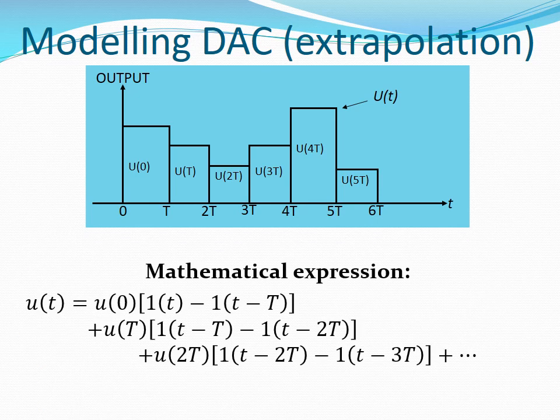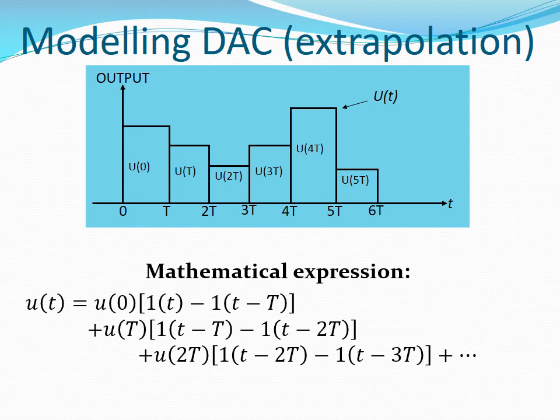Mathematically, the output of the DAC can be modeled as a summation of positive and negative delayed step functions. In our expression, the first term is responsible for generating the first pulse. U0 is the magnitude of the pulse. L(t) is a unit step function that starts at 0.